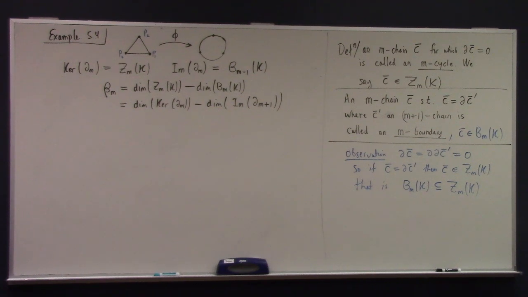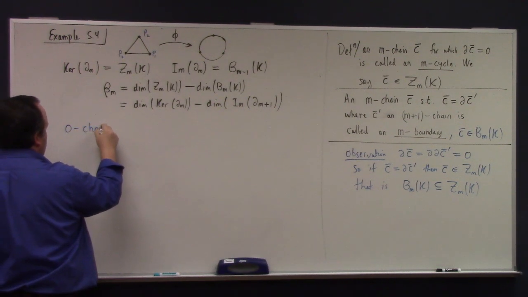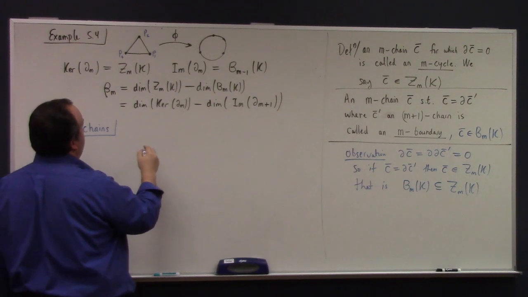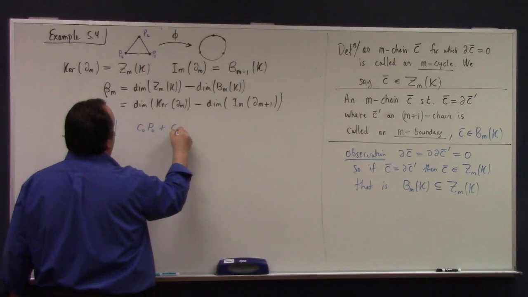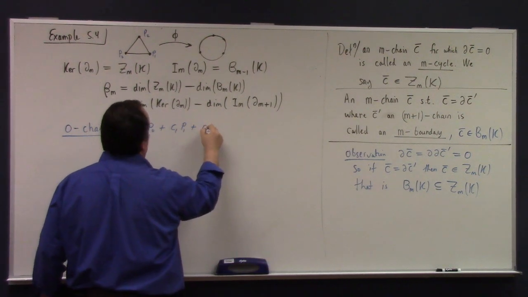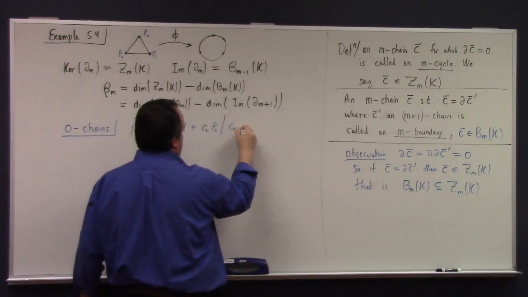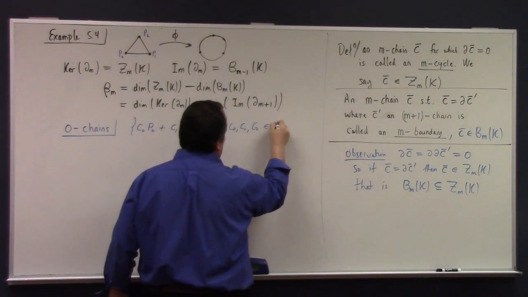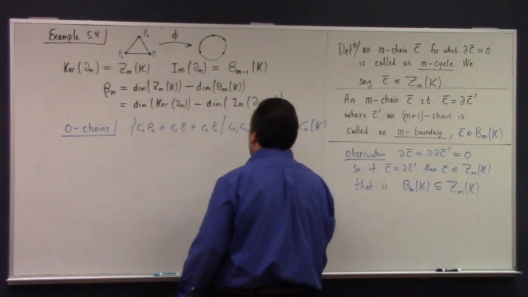All right, so every zero chain is of the form what? Let's just get this straight here. So zero chains are things of the form c0 P0 plus c1 P1 plus c2 P2, such that c0, c1, c2 are in the reals, that is C0 of K here, right?